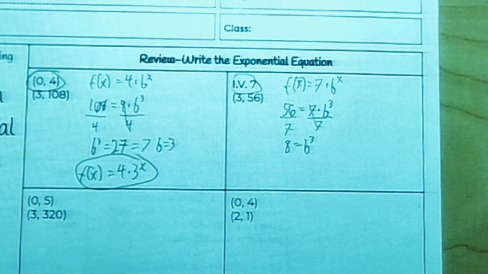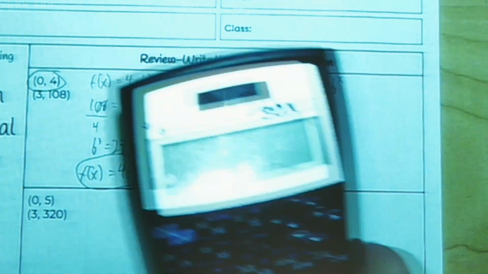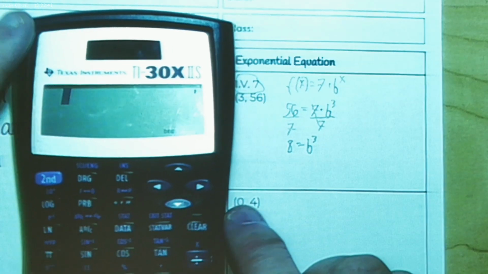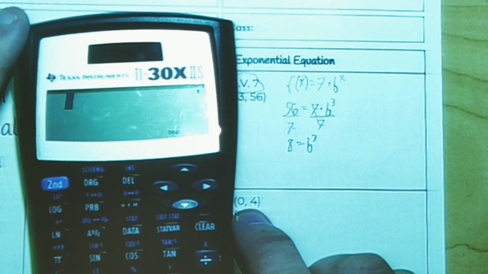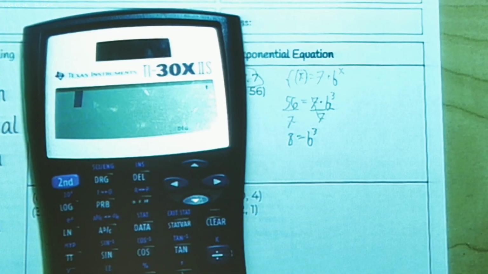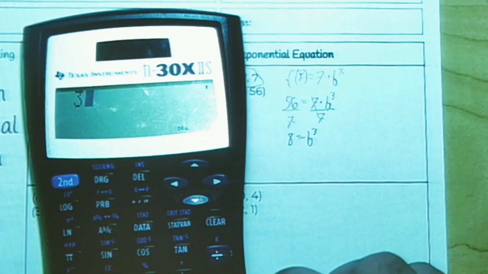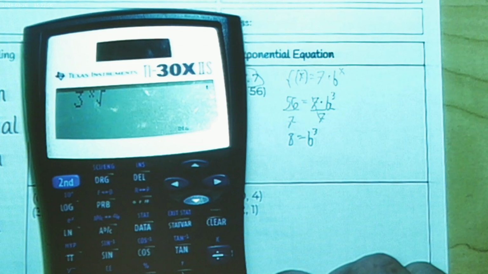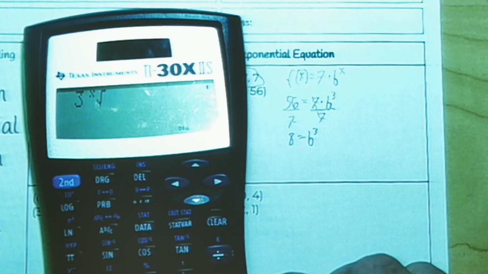All right. Well, again, I'm just going to let the calculator do the lion's share of the work. I know that the answer is 2, but I'm just going to go ahead and use the calculator anyway. So I'm going to put the power that b equals first, which is 3. Then I'm going to hit the second function, and then the up arrow to make that little doohickey appear, the little x with the little triangle house thing.